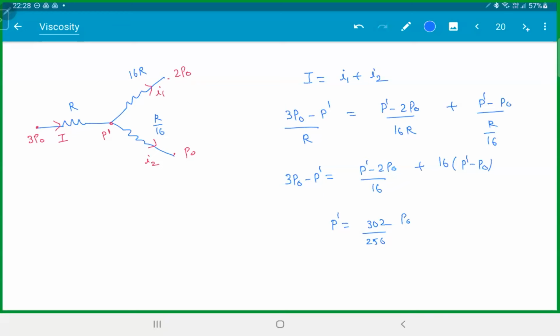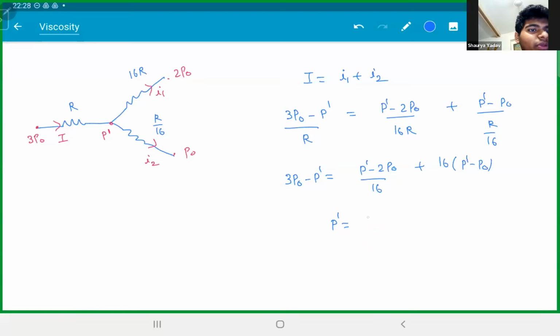Clear? Sir, I got 1.12 P naught. 1.120 P naught equal to P dash. Okay, let's leave the working to you. Next one.